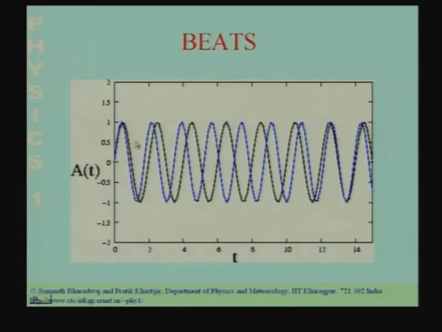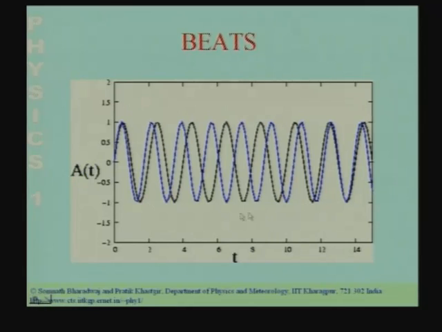So, the combination of these two is going to add up when you are somewhere in this region, and then it is going to cancel out. The superposition of these two waves is going to cancel out over here, and then again it is going to add up over here. So, the two waves are going to add up in these regions, cancel out in these regions, and again add up in these regions.